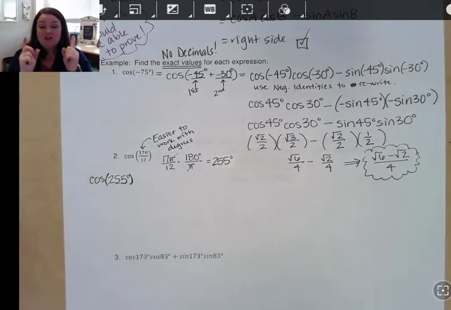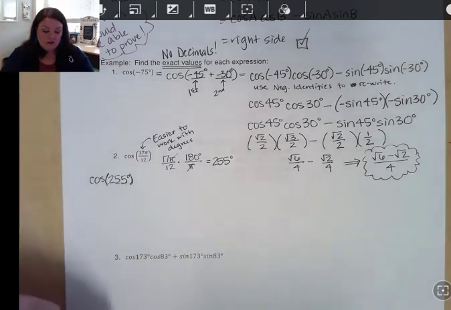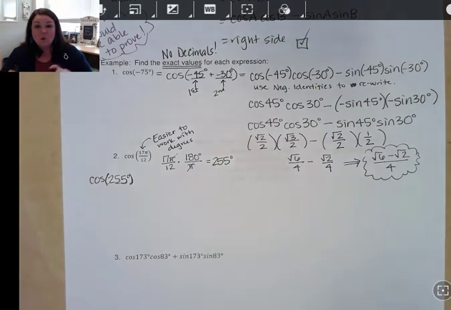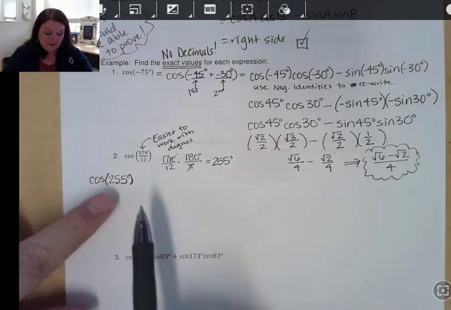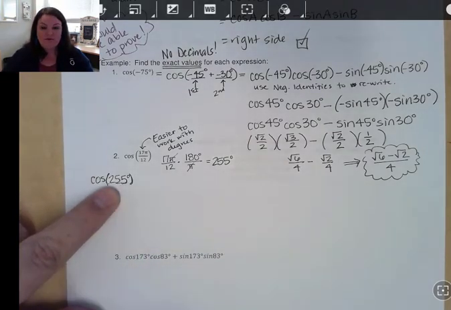So we need to find two nice angles, either quadrantal angles or our nice reference triangle angles, right? Our 30, 60, or 45 degree angles that we can either add or subtract to get 255.